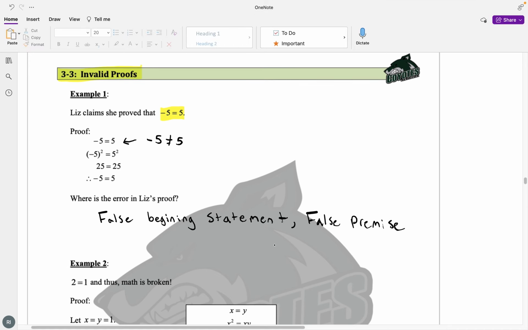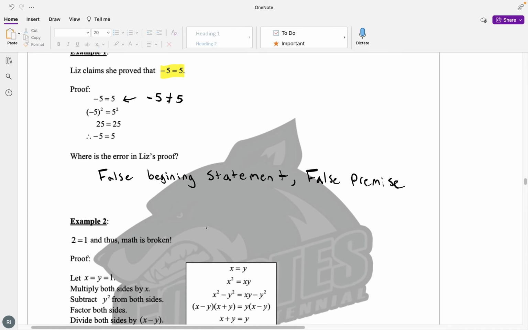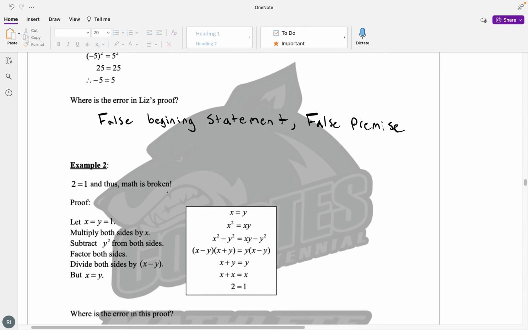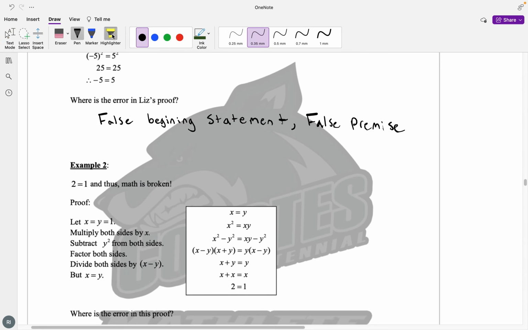To example 2. In this example, it appears that 2 is equal to 1. We know that is false. So we will again analyze the work below and try to identify where there is an error.